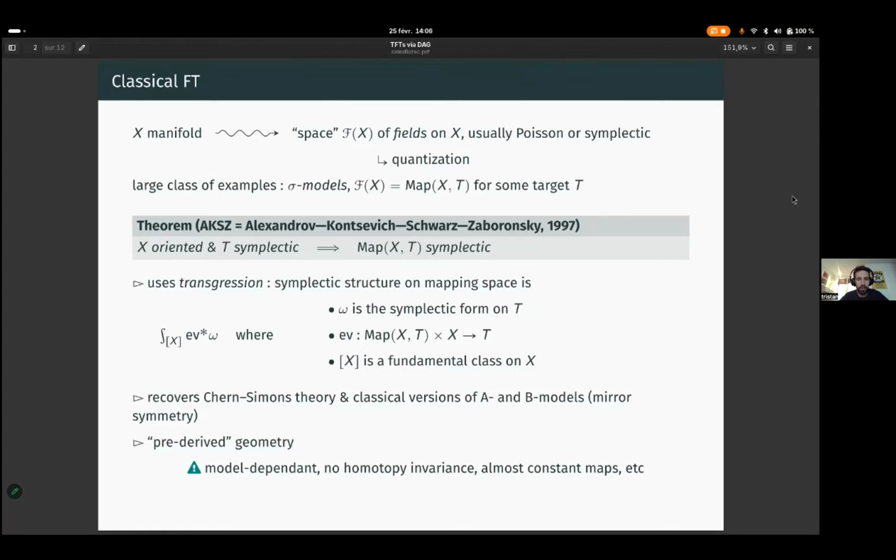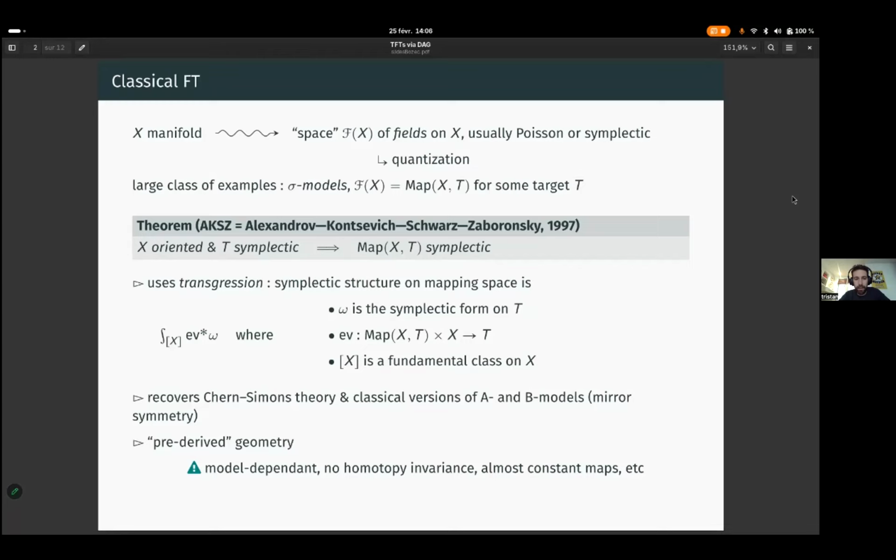To state the AKSZ theorem in a very simple way, it says that whenever our initial manifold is oriented in a suitable way, and the target is symplectic, the mapping space itself inherits a symplectic structure.